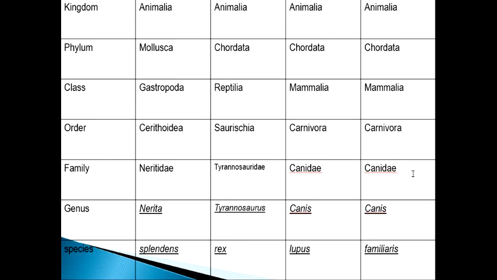The family Canidae, which includes all doggy type species. The genus Canis, and then familiaris, and this is your family dog. Whatever your breed of dog, husky, malamute, German shepherd, poodle, whatever it happens to be, they're all Canis familiaris.